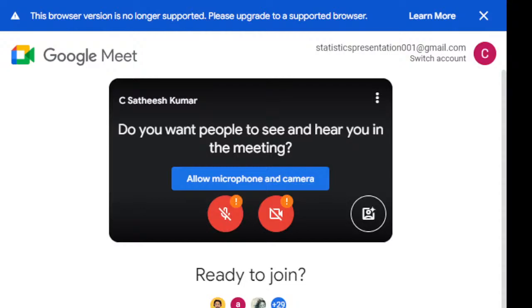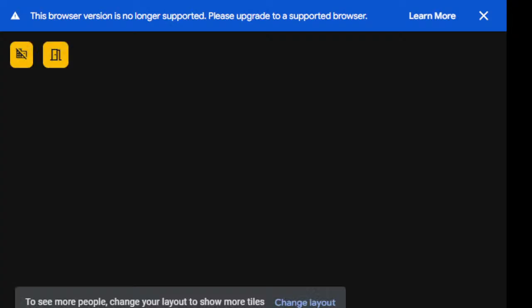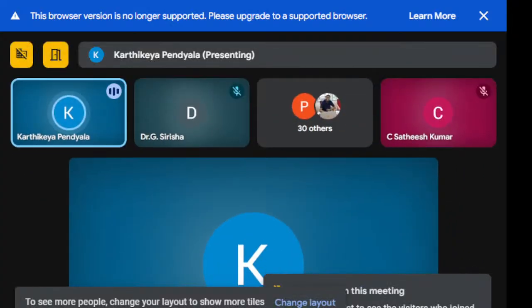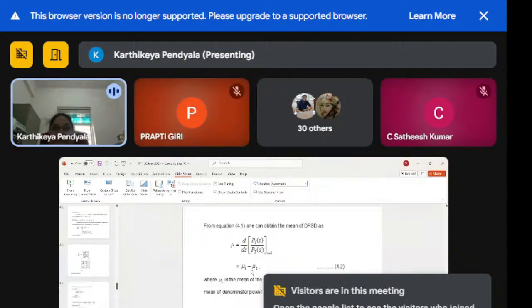They are nothing but the ratio based distributions. And we can see that the mean of this particular ratio will be equal to mu1 minus mu2. That is, the mean of the numerator distribution minus the mean of the denominator power series distributions.